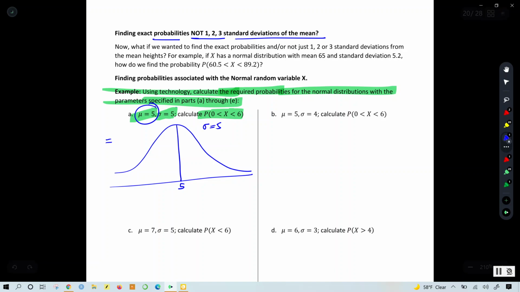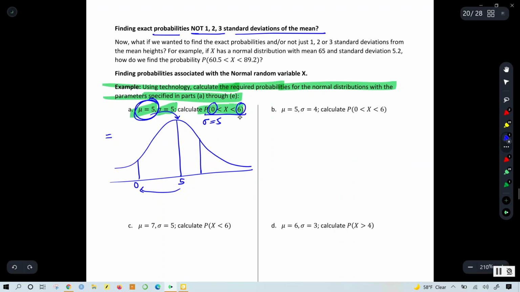And then once you write the mean, it is easy to answer this question because you're looking at the number 0, which should be to the left of 5, and the number 6, which is to the right of 5. So the region I want to find the probability for is this region. And to find the size of that region, I can use technology, namely StatCrunch in this case.